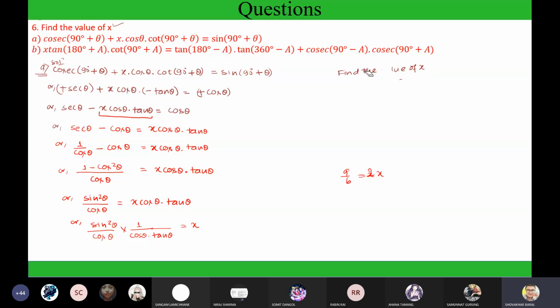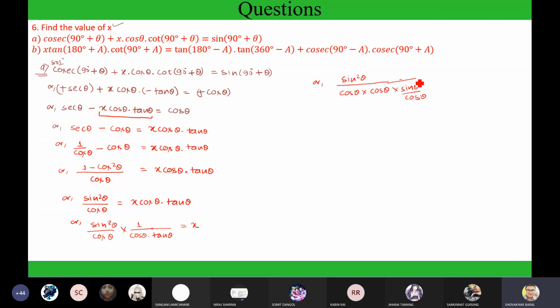We can write 1 upon also. So let's simplify it further. It will be sin square theta by cos theta into, again here it is cos theta. So see here, something times something, you can multiply sin theta by cos theta.